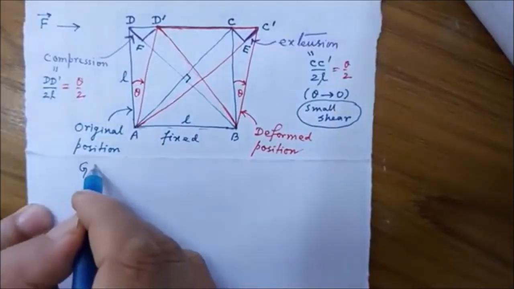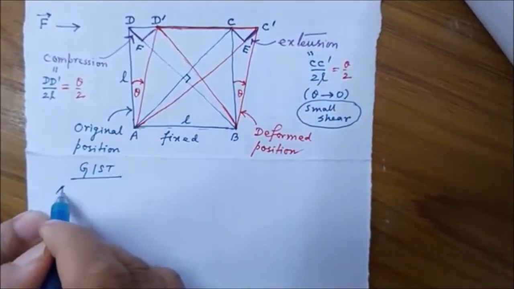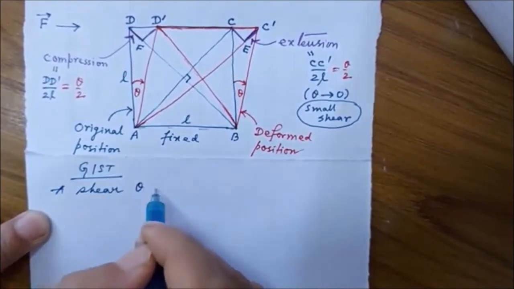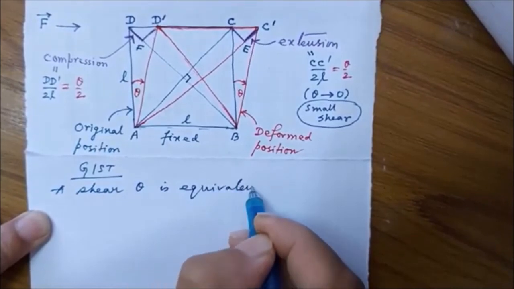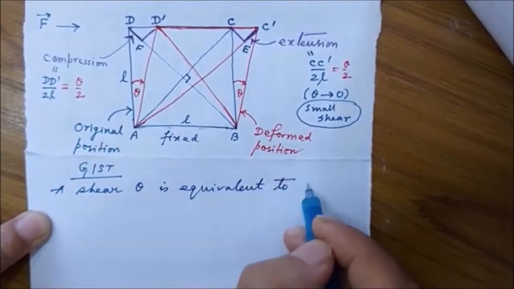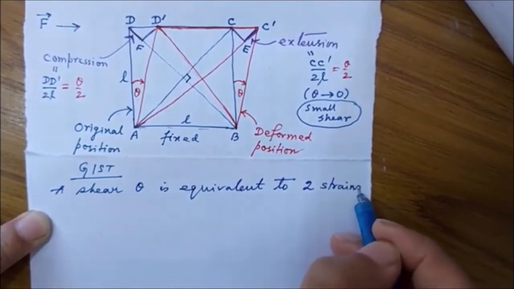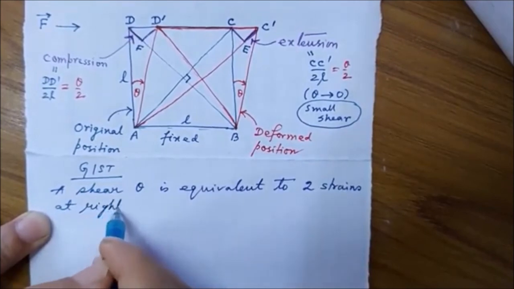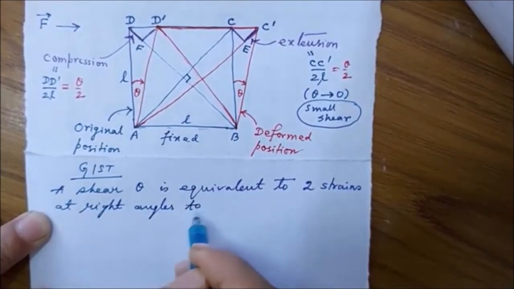So as a gist we can write a shear of amount theta is equivalent to 2 strains at right angles to each other.